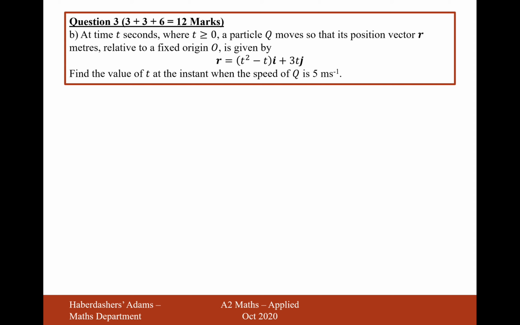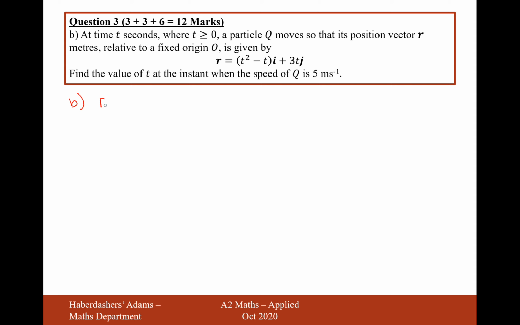At time t seconds, where t is greater than 0, a particle Q moves so that its position vector r meters relative to a fixed origin O is given by this expression here. Find the value of t at the instant when the speed of Q is 5 meters per second. Oh, a little tricky question, that one.